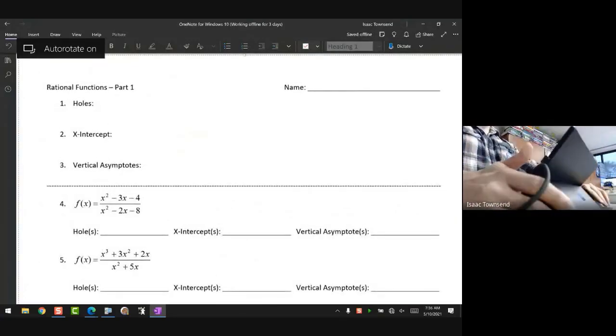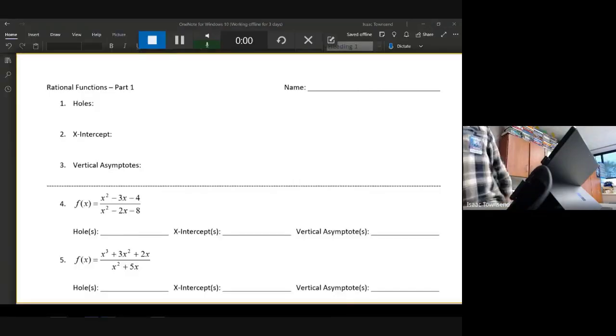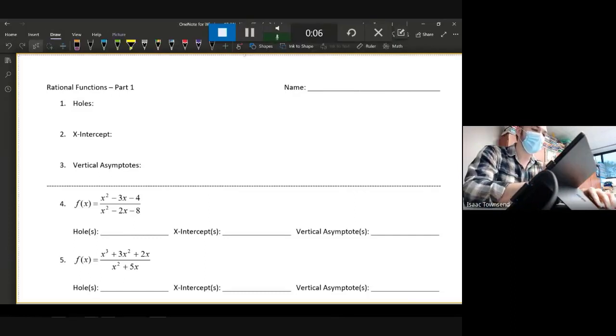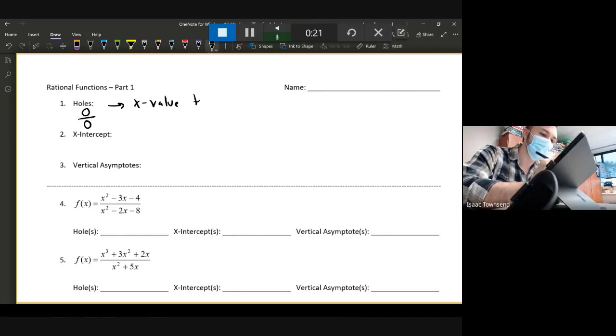Okay, so holes occur when you have a function and there's some value of x that gives you 0 over 0. So there's an x value that makes the numerator and denominator equal 0.